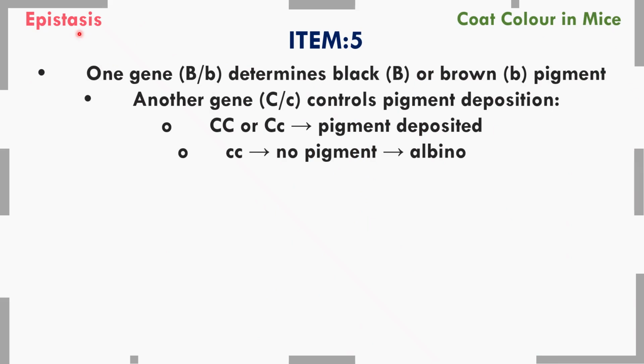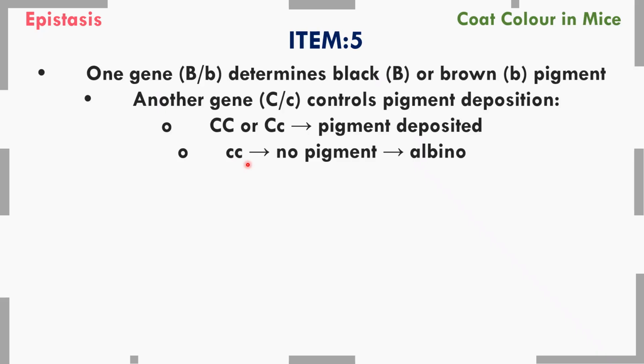Let's now look at epistasis. We shall look at coat color in mice. Item 5. One gene, capital B, smaller b, determines black, capital B, or brown, smaller b, pigments. Another gene, capital C, smaller c, controls pigment deposition. If you have capital C or capital C small c, pigment is deposited.